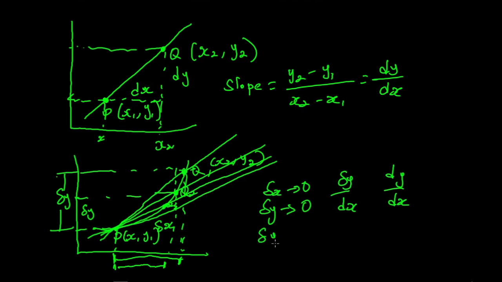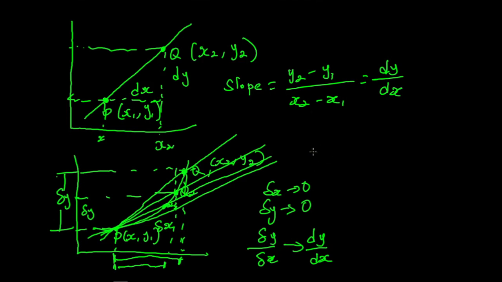That means delta y over delta x is also approaching dy over dx. Now to find the slope of a curve using this mathematical expression, we tag dy over dx as the slope of a straight line, but delta y over delta x as the slope of a curve.